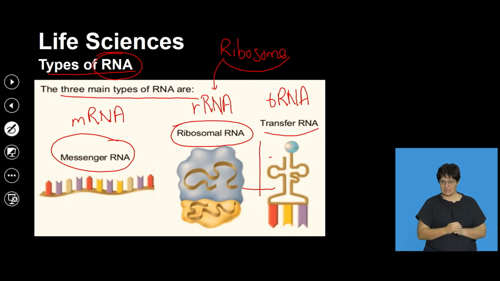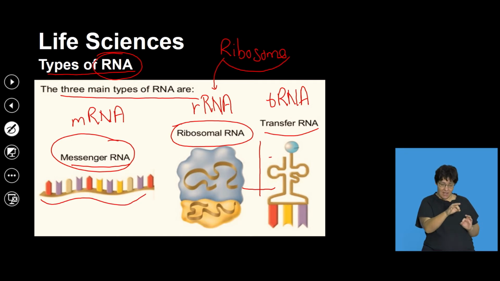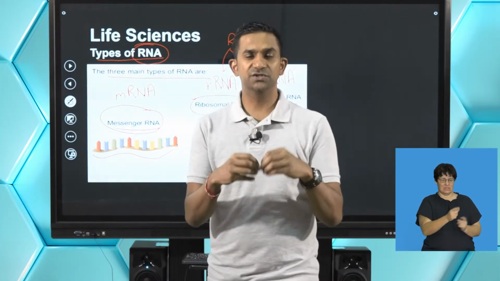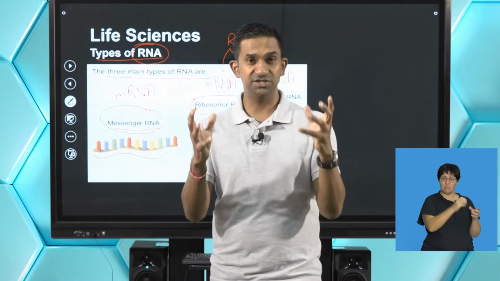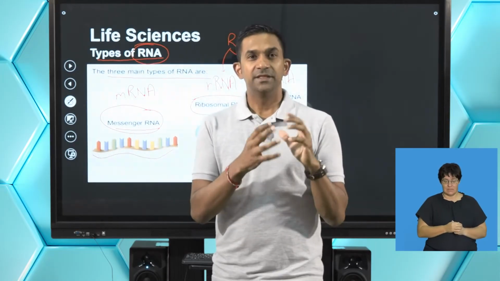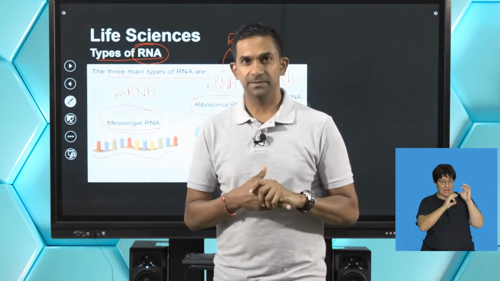Getting back to these slides. If we look at messenger RNA, the term messenger RNA refers to the ability of this strand of RNA to carry a message or a code. So when we try and understand what DNA codes for, DNA codes for characteristics which are present in genes. The DNA controls the functioning of the cell.